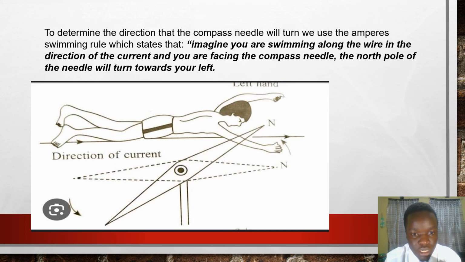Its north pole is here, and the other end is the south pole. So when the person is swimming in the direction of current, the needle is shifted towards the swimmer's left hand, and the south pole is around here. This is according to Ampere's swimming rule.